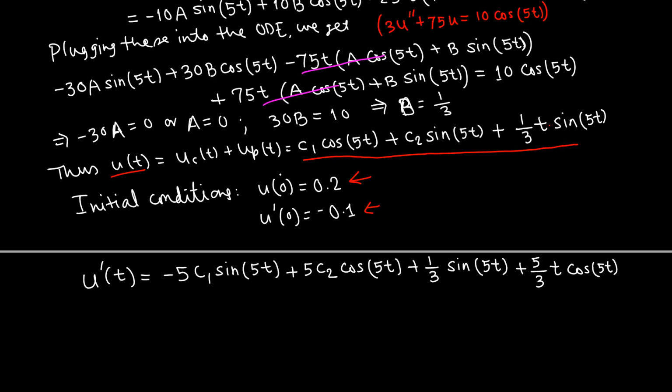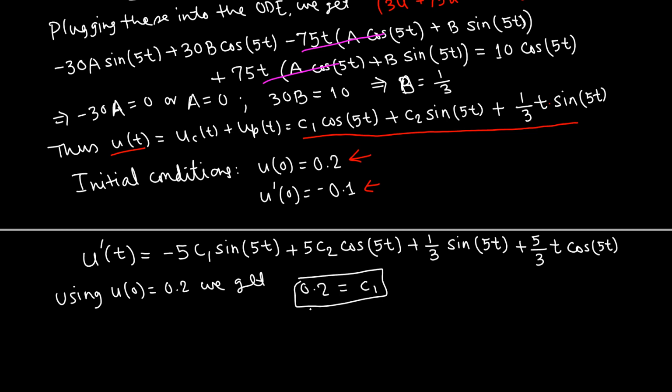Using the first initial condition, u at 0 equals 0.2, we get u is 0.2 equals, plugging in t equals 0, cosine 0 is 1, so c1, plus c2 sine 0. Sine 0 is 0, so this is 0. 1/3 times 0 is nothing, so c1 is 0.2.